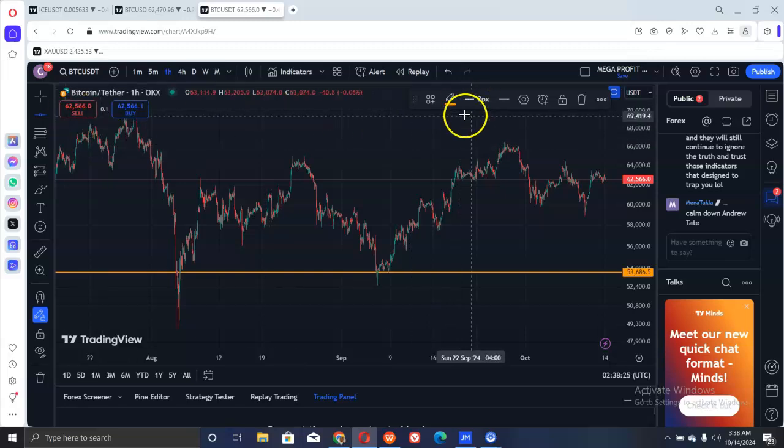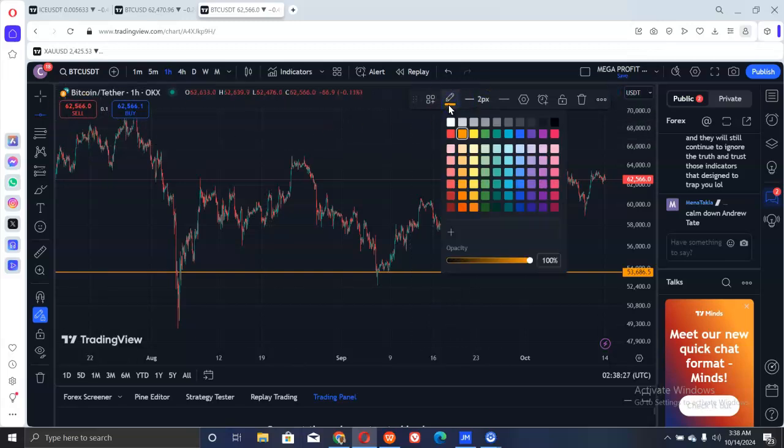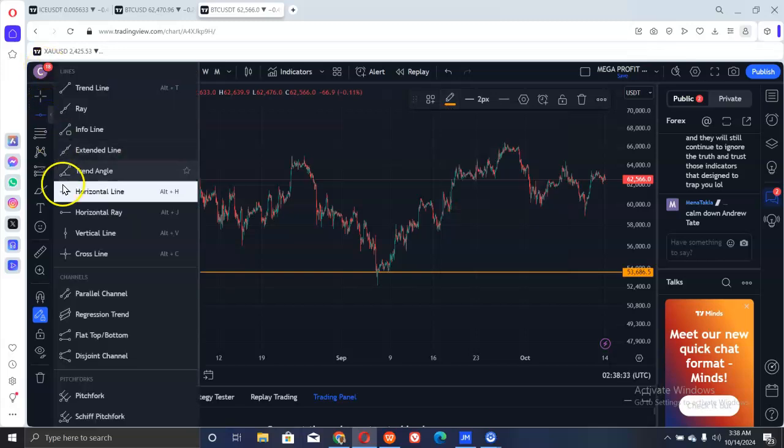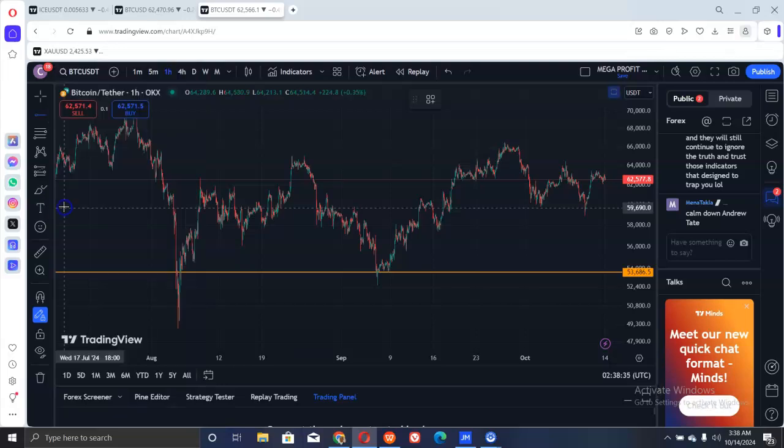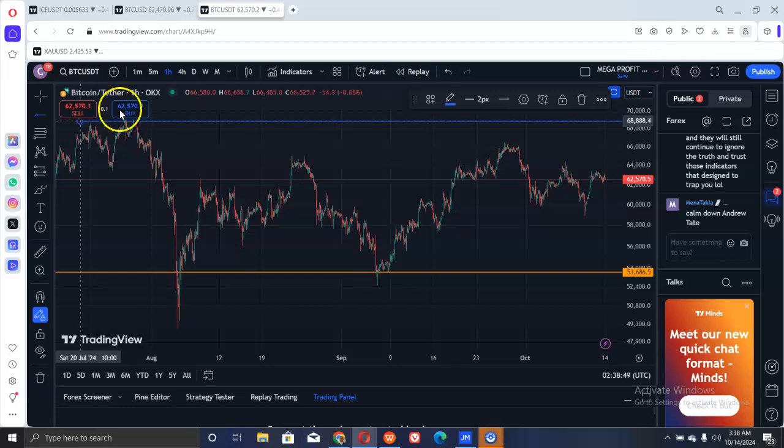So I need to change the color so that I'll be able to understand when I look at the color. I'll know this is daily, this is weekly. Okay, so now this is a key level of support or resistance.